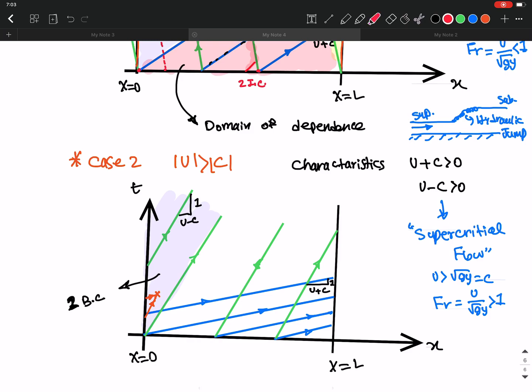And then let's go to the other one. If you are anywhere here, you would need one boundary condition and one initial condition.